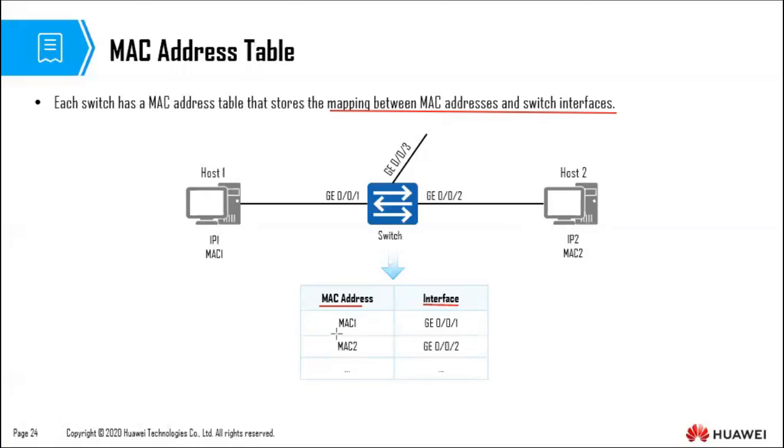MAC1 has been connected to this one, MAC2 has been connected to G002. Therefore, if a frame comes and I check that the destination MAC address is MAC2, I simply forward that frame out through this interface only, G002. I don't send it out to G003 because it's a unicast frame.